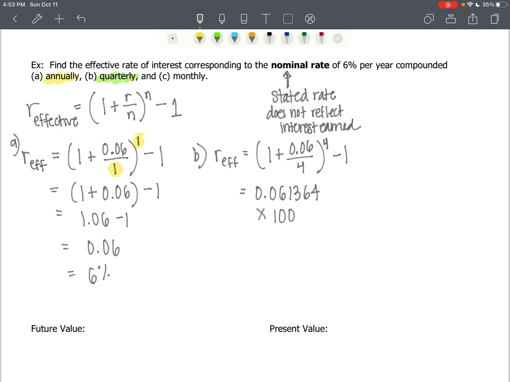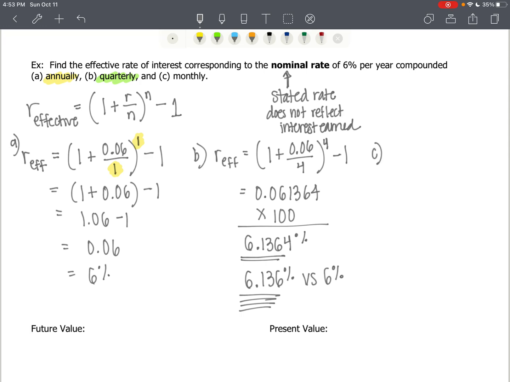Multiply that by 100, and we get 6.1364%. So we go out 3 decimal places, 6.136% versus the nominal rate of 6%. So your rate is a little bit higher when you're compounding your money 4 times a year versus when you're compounding it just once a year.